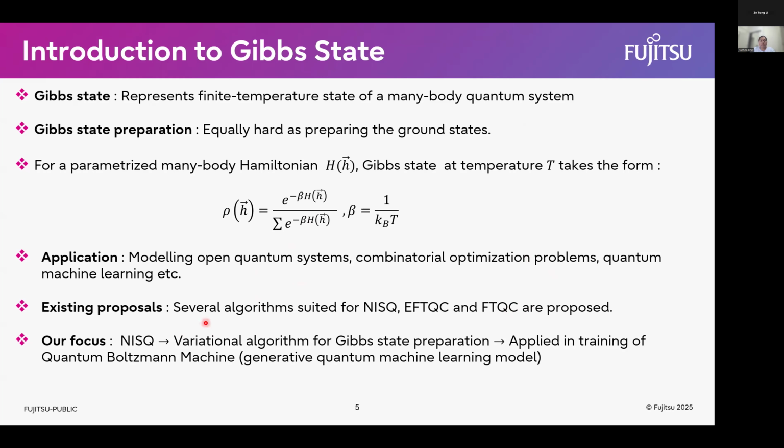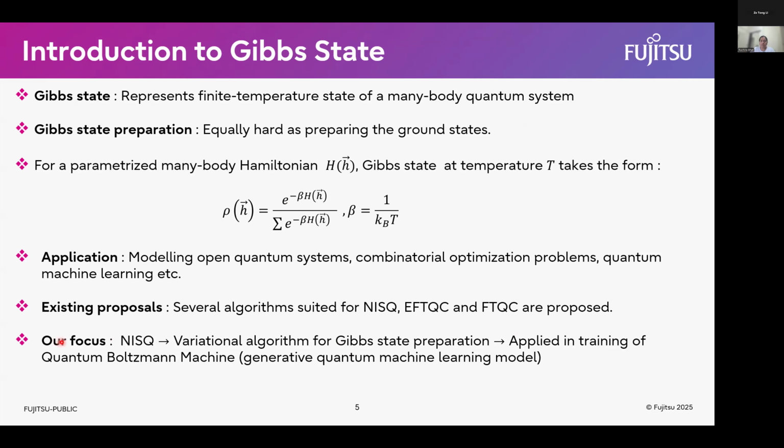There are different algorithms that have been proposed for preparing the Gibbs state, suited for different eras: the NISQ era, which is the near-term devices, the early fault-tolerant devices, as well as the future fault-tolerant devices.